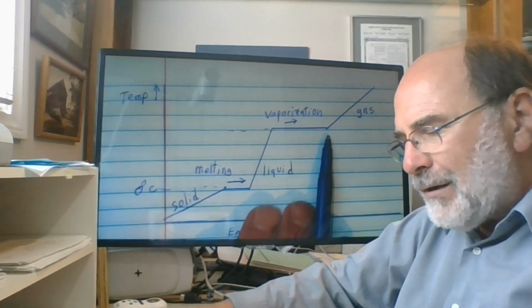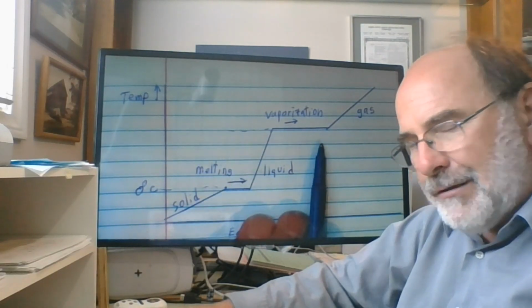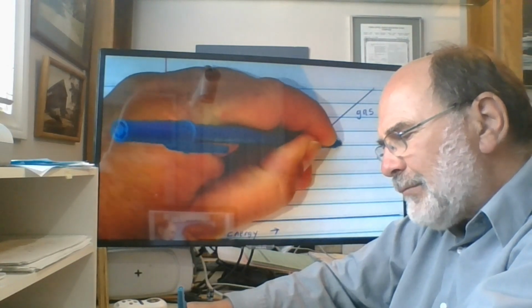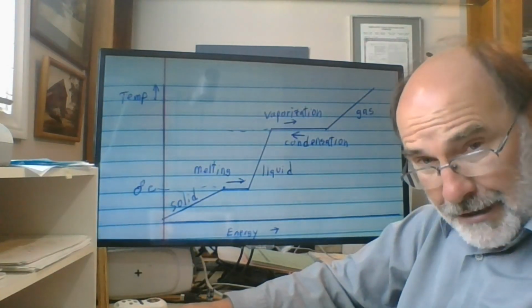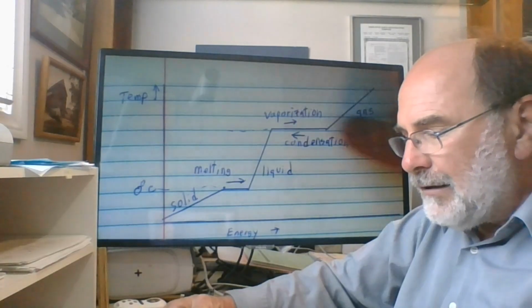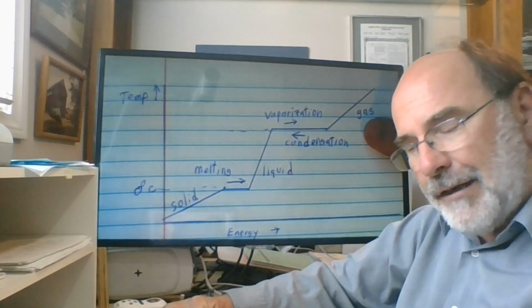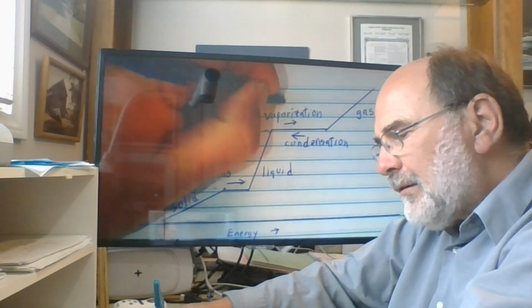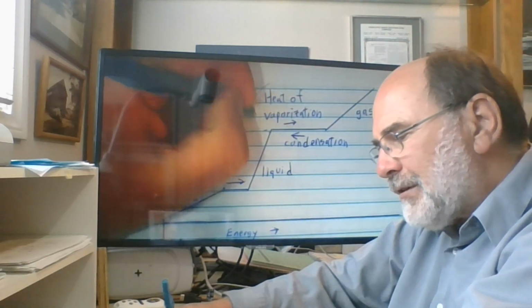What will happen is that when it gets down to this point of vaporization, it will condense. So when it goes from a gas state to a liquid state, we call that condensation. And no matter which way you're going up here on this little plateau, this is called the heat of vaporization.